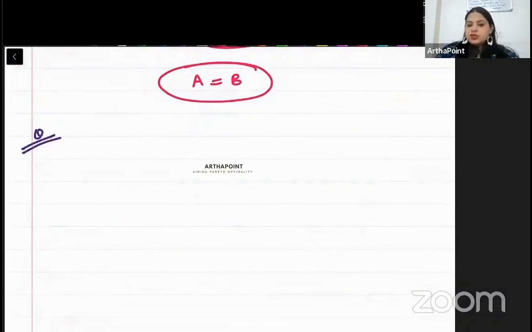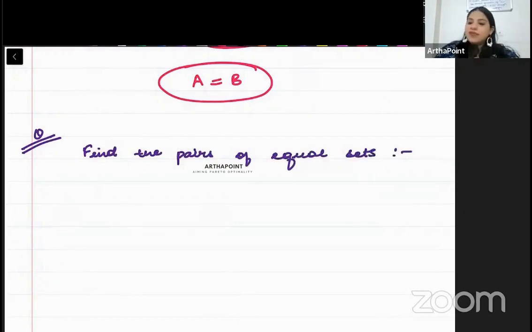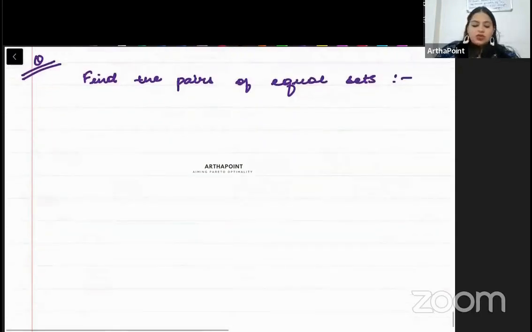Now बेटा, let us take some questions. So please write down. Find the pair of equal sets, if any. ठीक है. So please go ahead and take it. So the first one is A is 0.